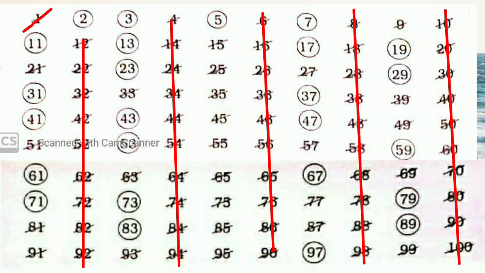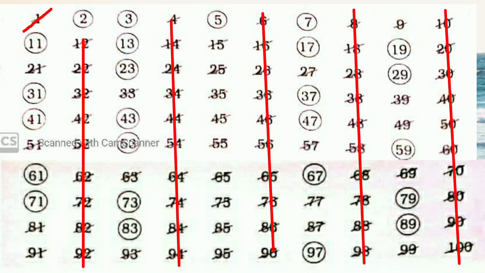The next number is 3. We can say that 3 is also a prime number. It also has only 2 factors. Now I'll find the numbers which have 3 as a factor, or you can say the multiples of 3, the numbers which are divisible by 3. So these numbers are multiples of 3.